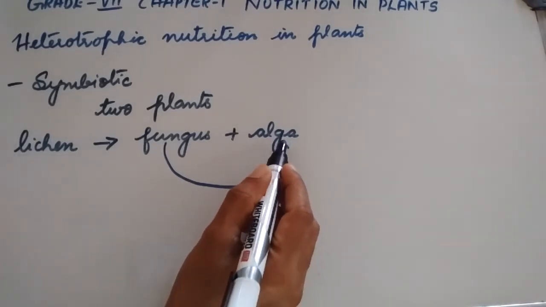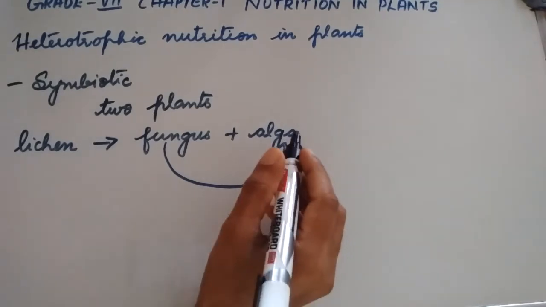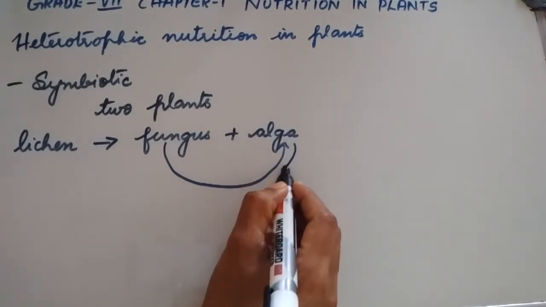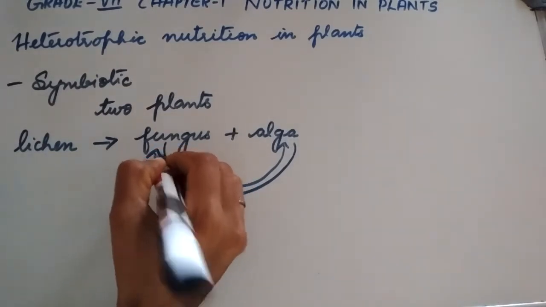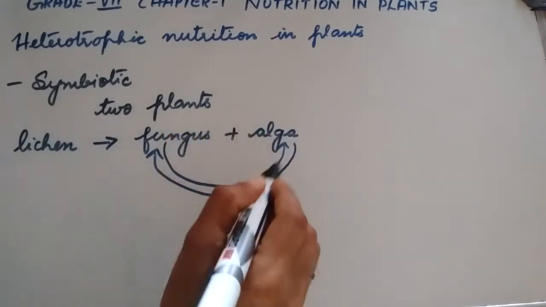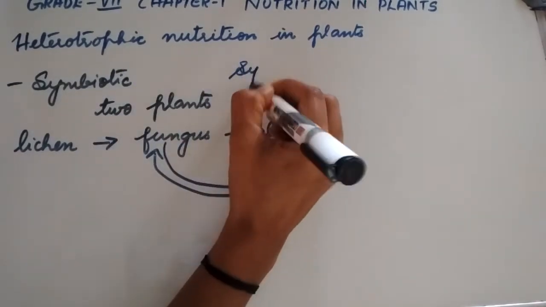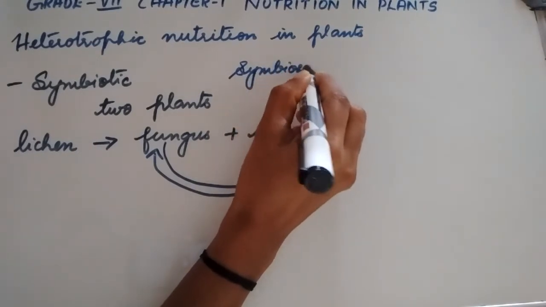And the alga, in return, being an autotroph, provides food to the fungus. So fungus and alga help each other. Such a relationship is called symbiosis.